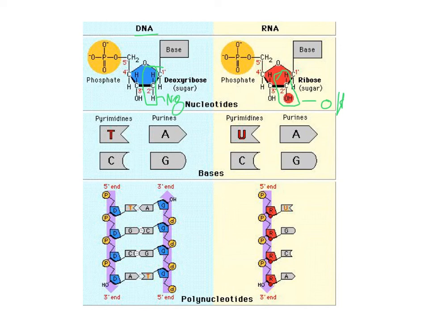And hence the name deoxy, meaning missing oxy, it's missing its oxygen, and it's a ribose sugar. So you should be pretty familiar with that. A ribose is a 5-carbon sugar, either with or without an oxygen.